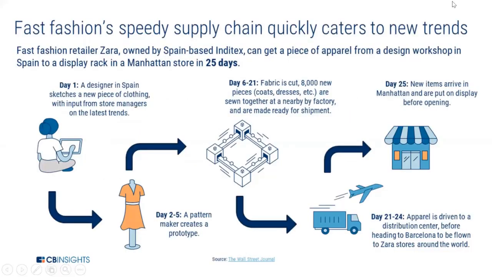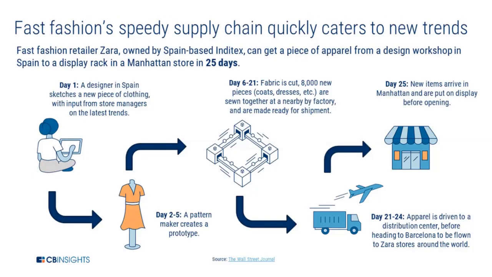As you know, fast fashion, a speedy supply chain, quickly caters to new trends. You know that fast fashion has been the main trend of the light industry for maybe the last 10 years.